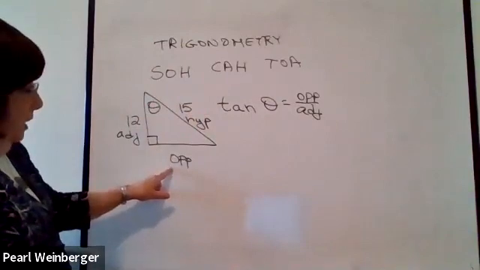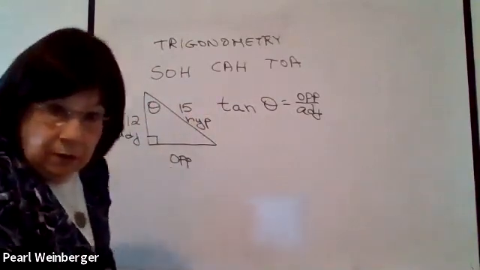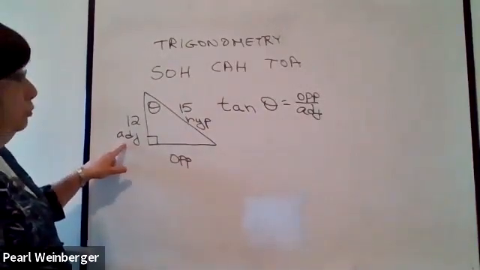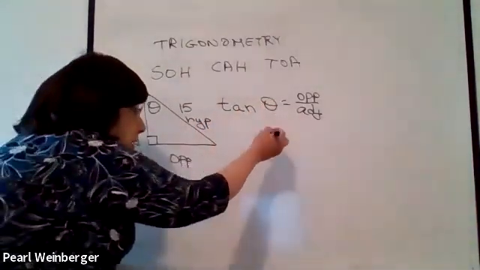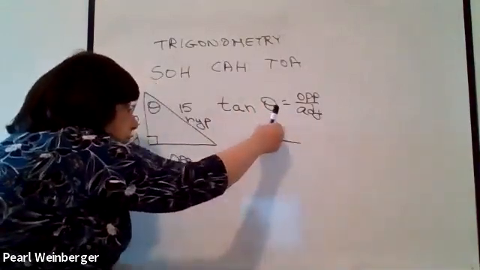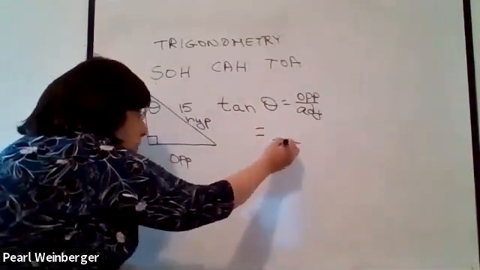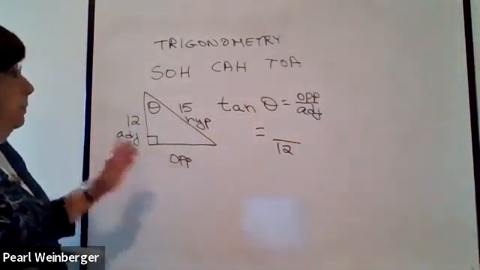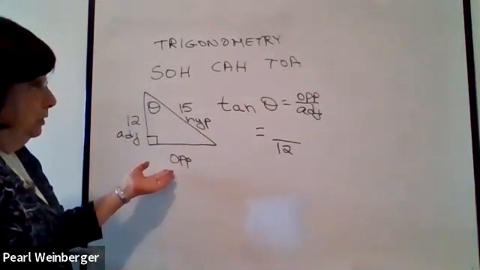Now let's see what we need. The opposite side, we don't have it. The adjacent side, we do have. So if I'm going to find the tangent, I know it's going to be something over 12 because the adjacent side is 12. But I don't have the opposite side.